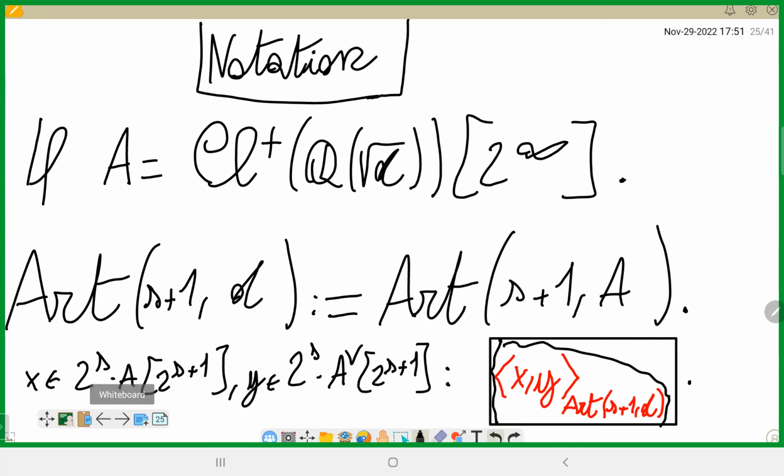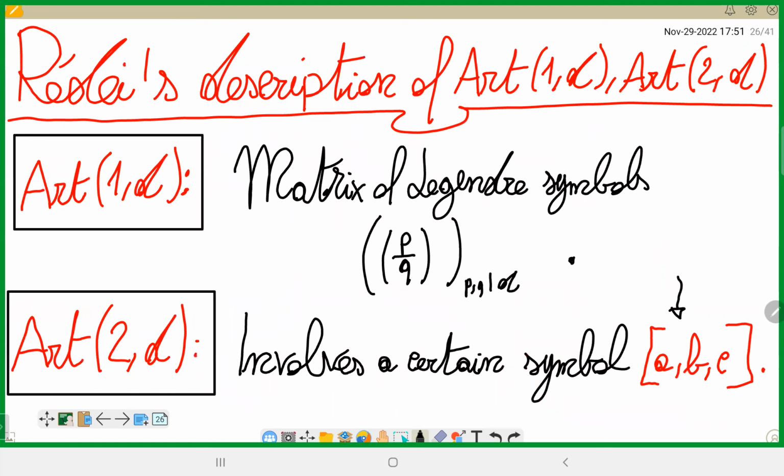Okay, and I will now tell you essentially a result that goes back to Rédei, which is a description of the first two pairings. So the first pairing, which gives you basically the fourth torsion of the narrow class group, is a very classical thing.